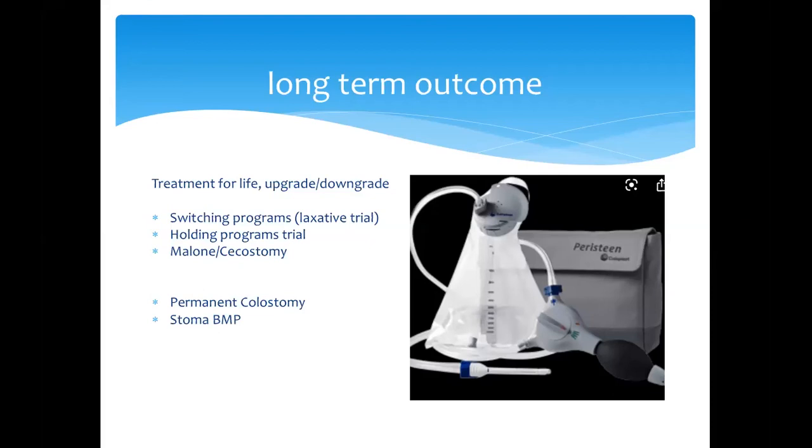The other thing we can offer if they succeeded on saline enemas is the balloon and cecostomy. And this is one of the machines that I found very attractive to the adolescent, the pristine. They can use it, probably it's easier to use and more friendly for them, so they like it. The balloon is more accessible for them and gives them privacy, but this is an option I do offer them.